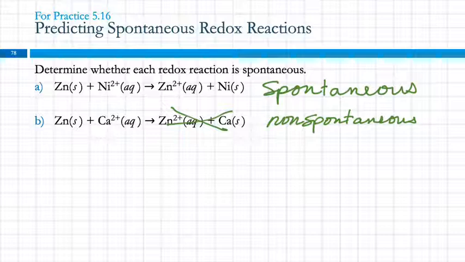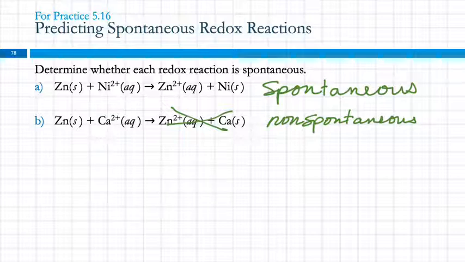So how might you convince this woman to leave with the guy that's not so fun? Make up a story. You're going to pay her money, or who knows? I don't know. Make up anything you want. But could that happen? It could, but it's not the normal way that things work. So this would not happen spontaneously. It would have to be driven by some outside energy source. That's why we use those words.